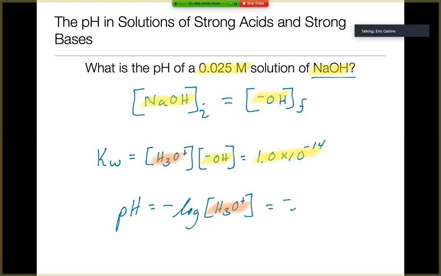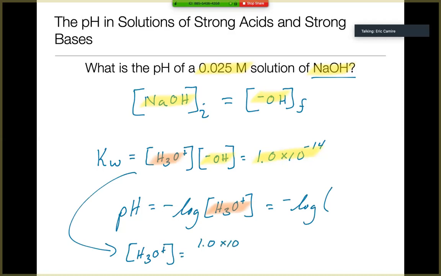I plug in my numbers. I'll do the work down here. I'm going a little quick, right? But we know that hydronium is going to equal the 1.0 times 10 to the negative 14th divided by the concentration of hydroxide, which is 0.025.